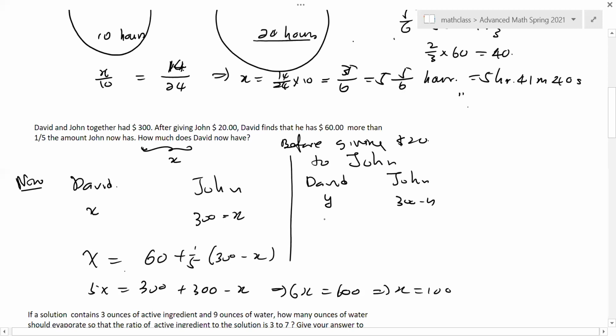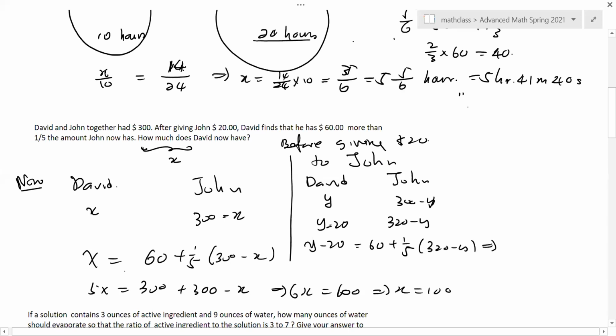Then after giving, David has y minus 20, and John gained $20, so he has 320 minus y. And then you have the equation y minus 20 equals 60 plus 1/5 of (320 minus y).